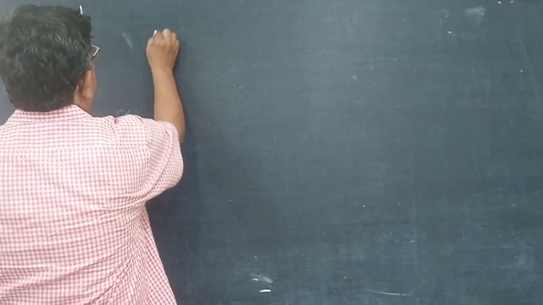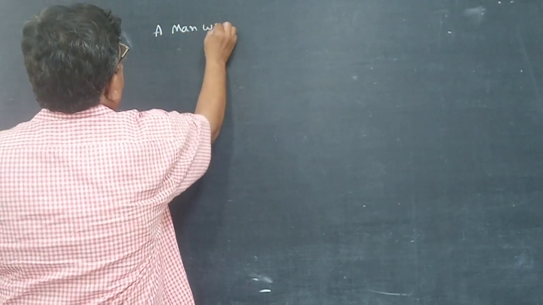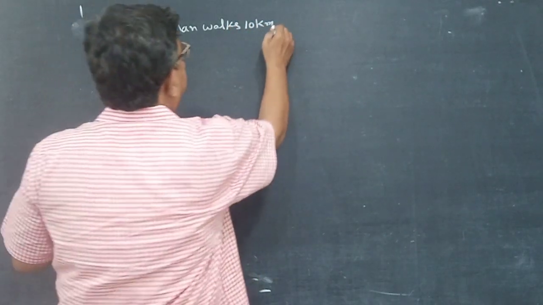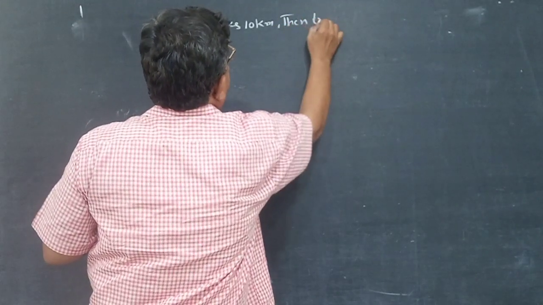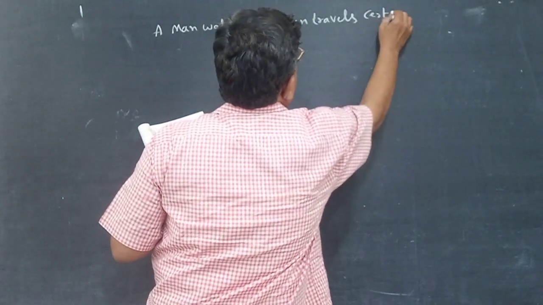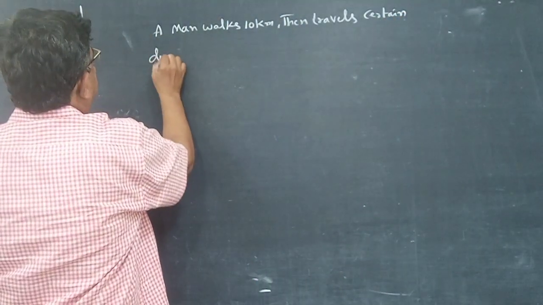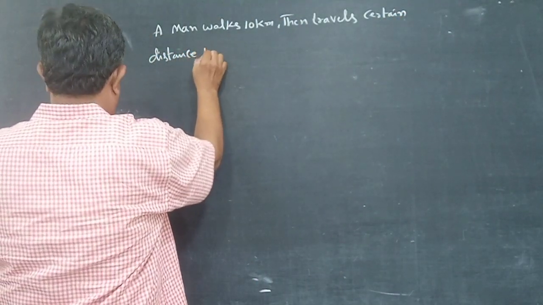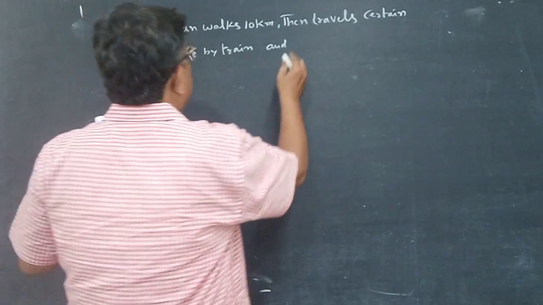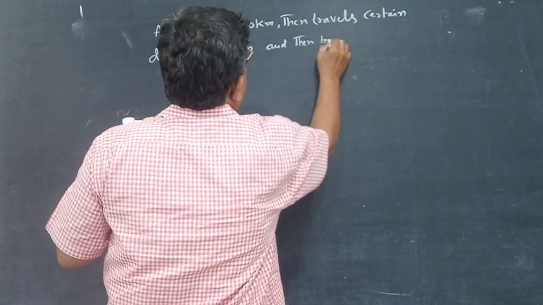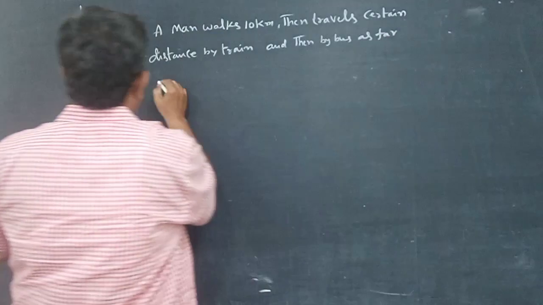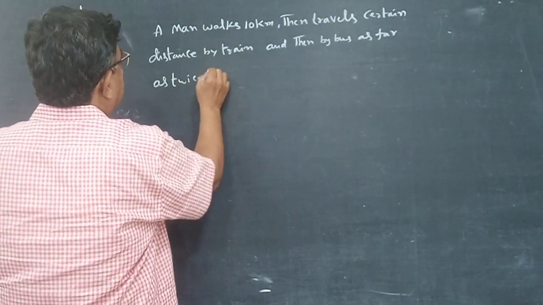A man walks 10 kilometers, then travels a certain distance by train and then by bus, as far as twice by the train.